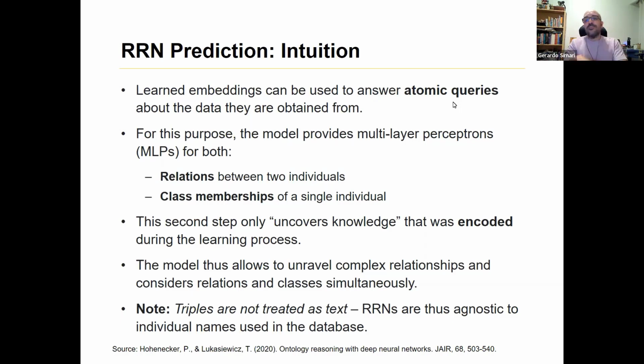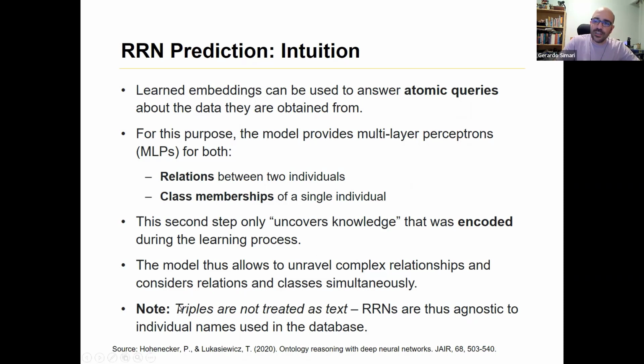And this second step is only uncovering knowledge that was already encoded during the learning process. The idea then is to be able to unravel these complex relationships and consider both relations and classes simultaneously, like ontological reasoning does.